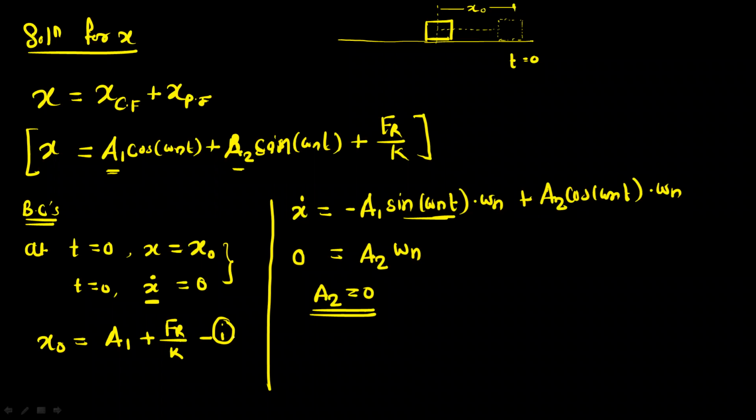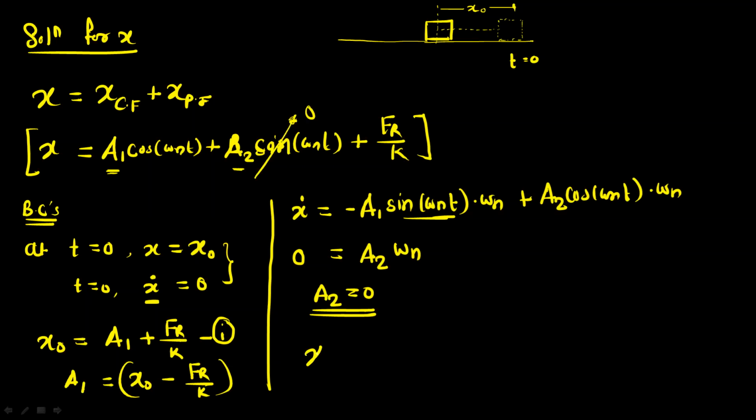So a2 value is 0, and from equation 1 we can write a1 is equal to x0 minus fr upon k. This is the value for a1. So put this value a1 and a2 in this equation. So this term will become 0 directly.